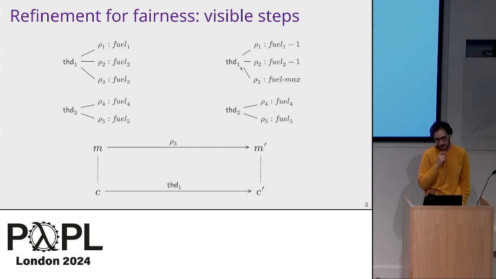Only then can it get a reward for taking a step. So it can fill up its tank up to some maximum value, fuel max. And this is needed because of step indexing. However, all the other roles which are related to the thread which took a step have to spend some fuel. And this way, if thread 1 takes many steps, then all the roles have to take steps, otherwise the fuel will go below 0. And this allows us to preserve fairness between the program execution and the model execution.